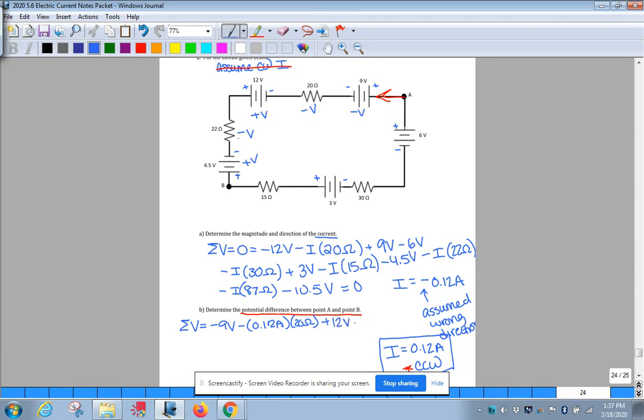Okay, and then we're going to do minus 0.12 amps times 22 ohms plus 4.5 volts. Okay, so just add all those up in your calculator. Okay, so we should get a potential from points A to B of 2.46 volts, and that came out positive.